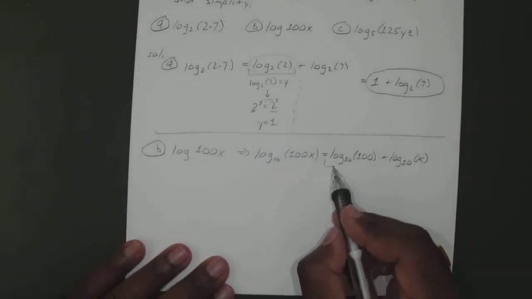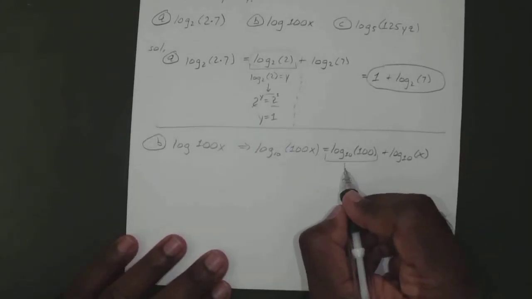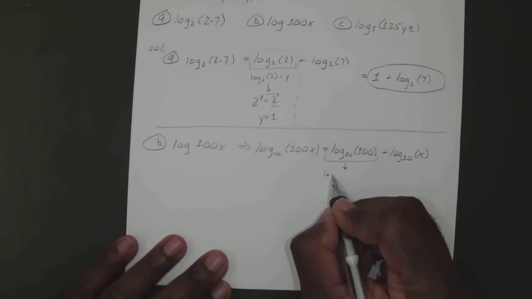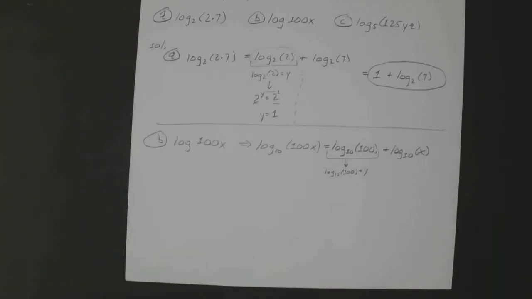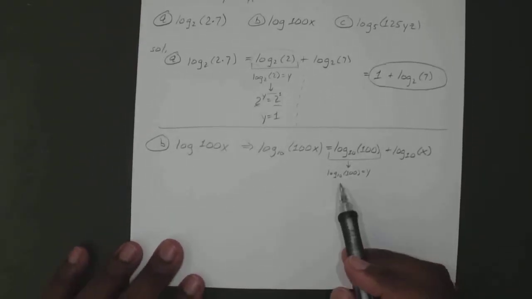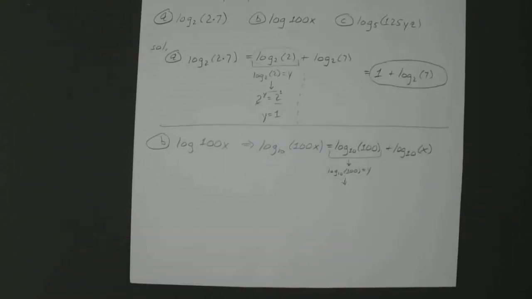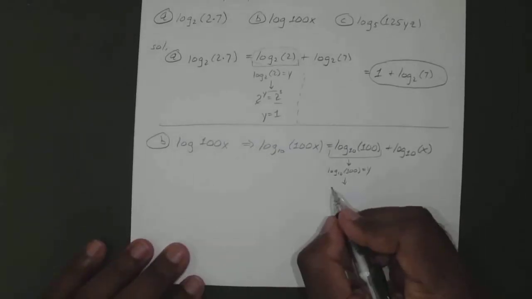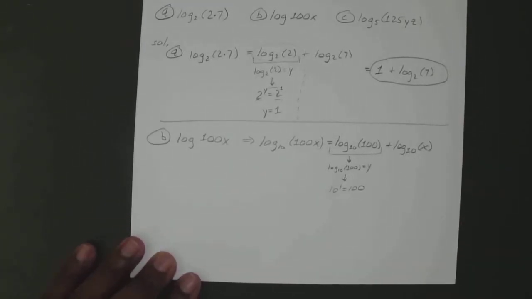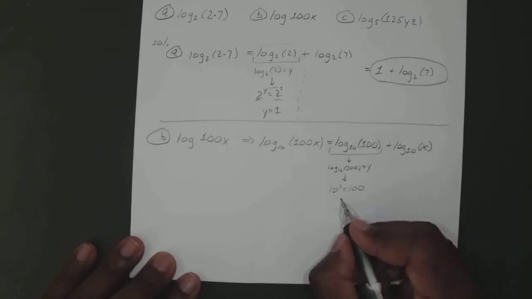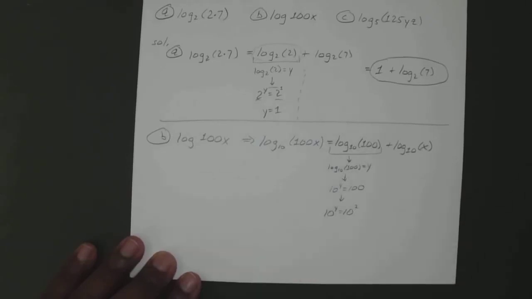Now this can be simplified. If we make log base 10 of 100 equal y, then 10 to the power of y equals 100. 100 is 10 squared, so 10 to the power of y equals 10 squared.